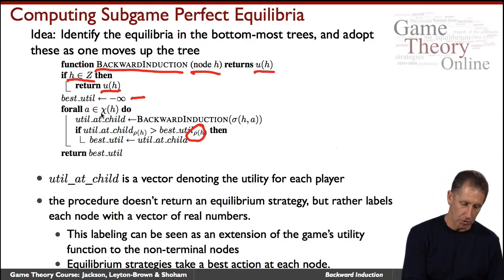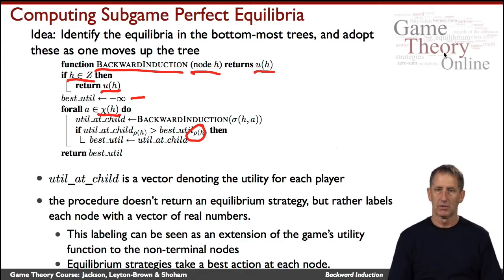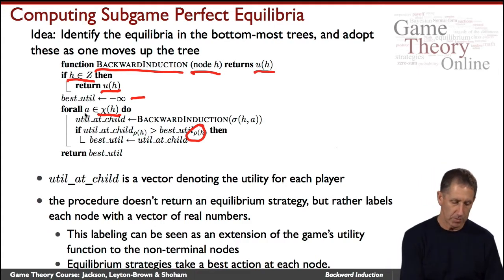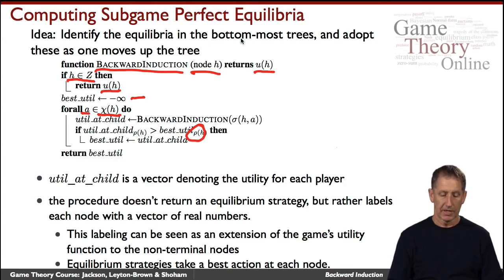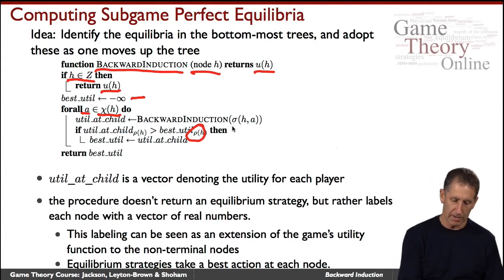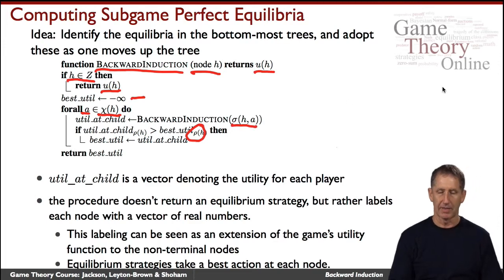We will look at all the actions available at that node. So χ(h) is the set of all actions available at that node, and a would be an example of such an action. We'll take each action in turn, one at a time, and do the following. We will look at the child you reach by taking action a at that node h.